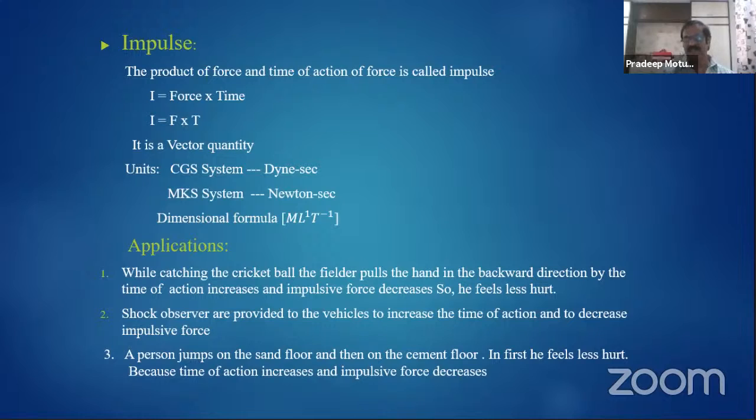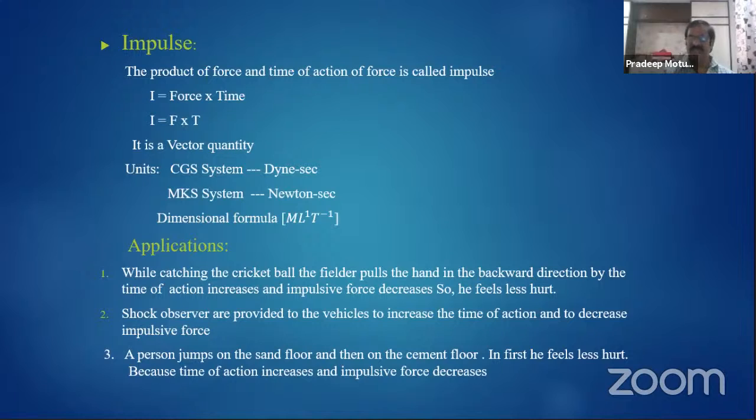By the time of action, what happens? The impulsive force decreases. Why? Because force is small and you take a long time to stop it, so that the fielder cannot get hurt.